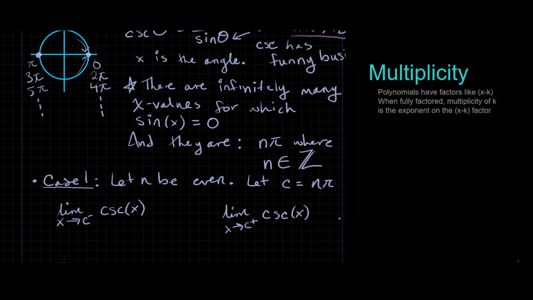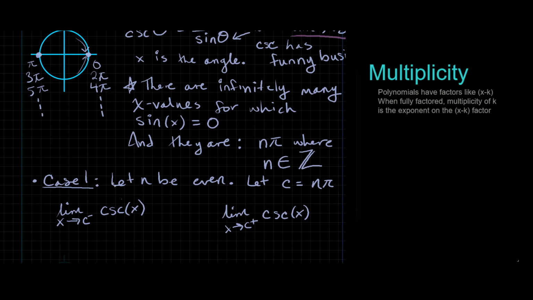All right, now when we approach c from the left, we're not talking about the left side of this graph. We are talking about smaller angles. x is an angle on the unit circle. Approaching c from the left means you are turning around the unit circle by way of a smaller angle.